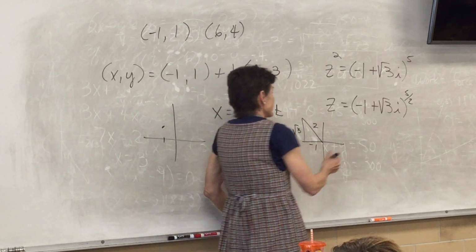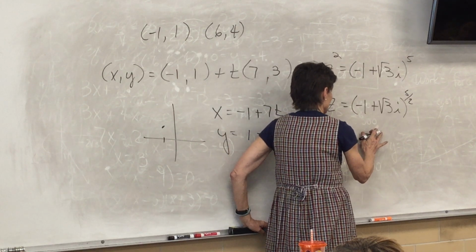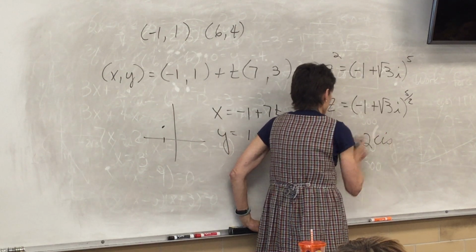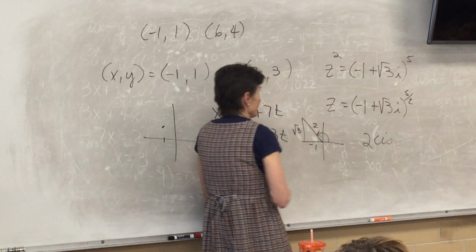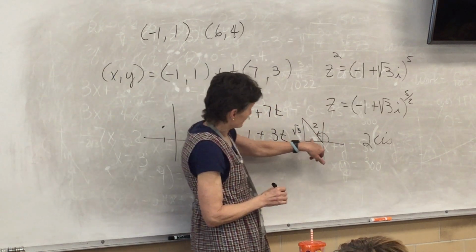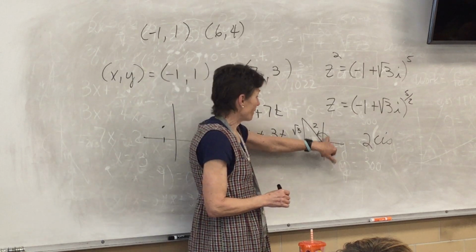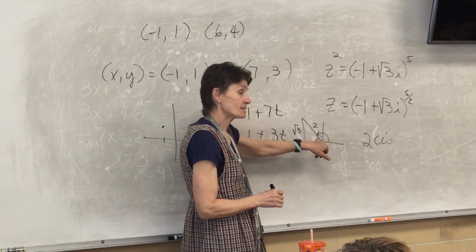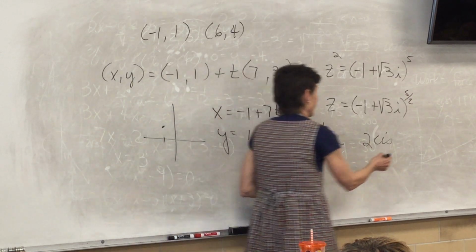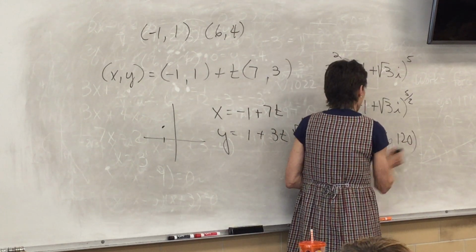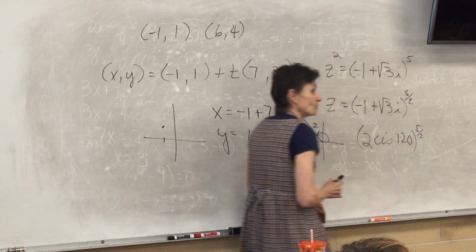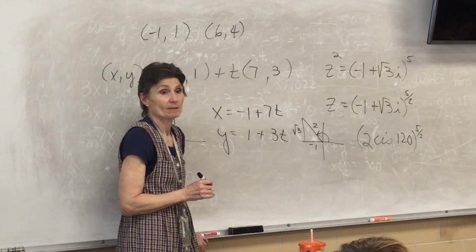So my radius is 2. And my angle is, well, how big is that guy? 60. So my actual argument then, theta in standard position, is 120. And that's the number I'm going to raise to the 5/2 power.